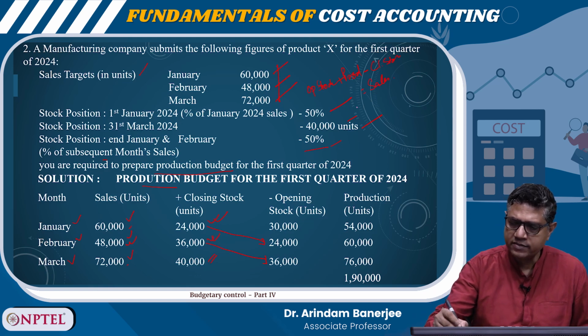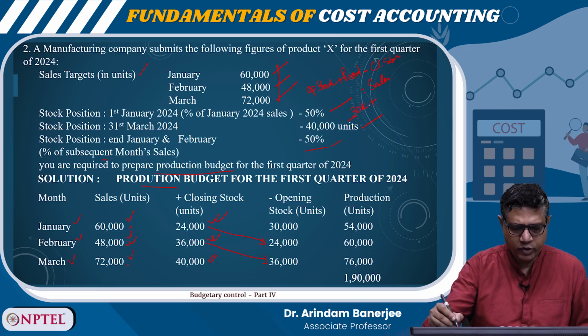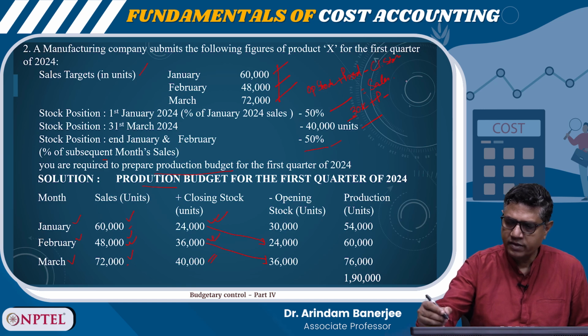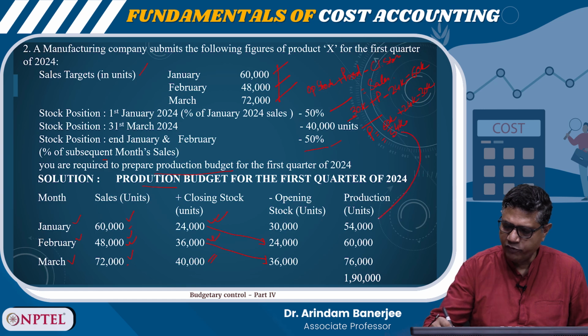My opening stock is 30,000 plus my production, which I don't know yet, let's call it P, minus closing stock of 24K is equal to sales of 60K. So my production will be 60K plus 24K minus 30K, which comes to 54K. So this is 54K here.